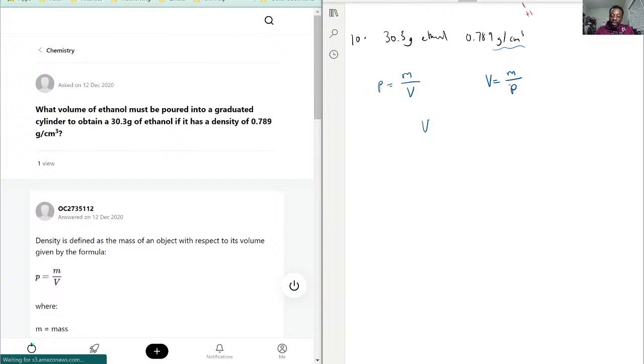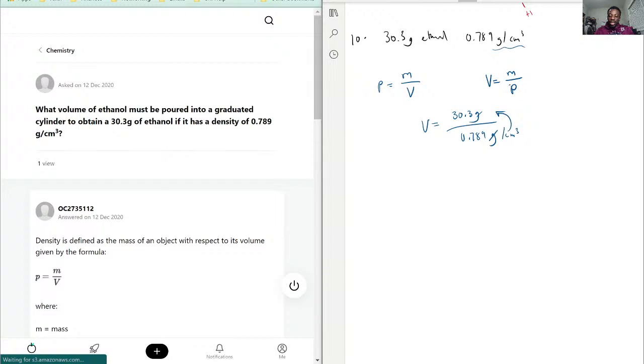So we have volume is equal to 30.3 grams over 0.789 grams, so these two cancel out, per centimeter cubed, which allows it to move up here. The centimeters cubed moves to the numerator because it's being divided in the denominator, so that's why it shifts up there, and that'll be our only unit.